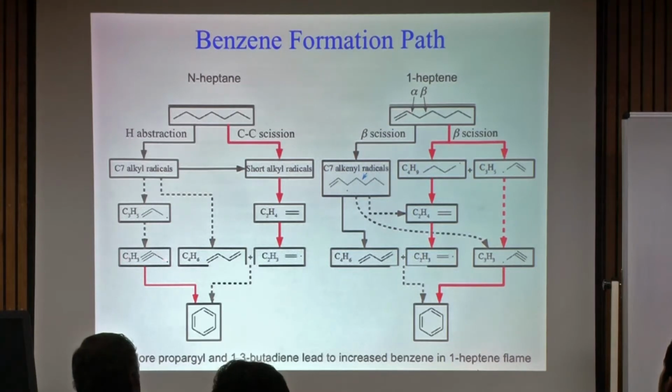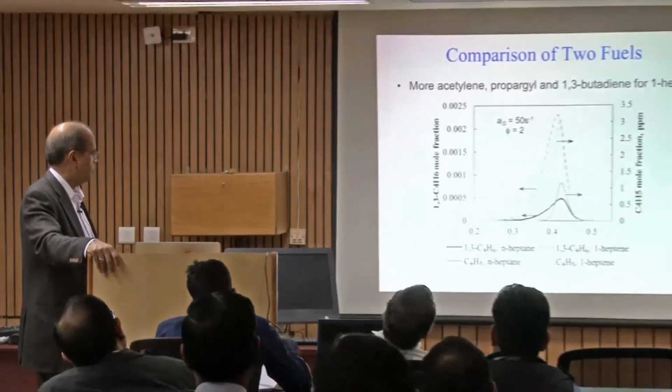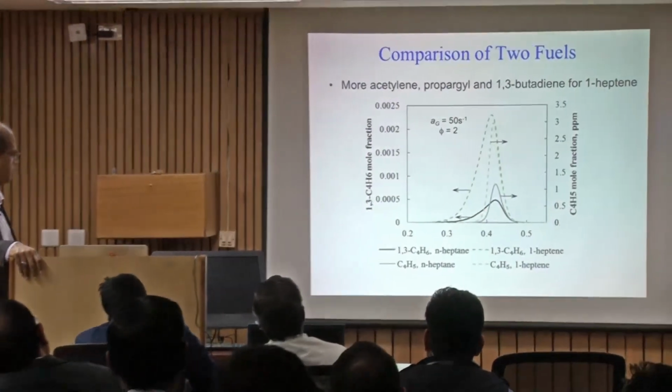So doing this, we can identify which are the paths and what are the major species. It is well known that a lot of benzene comes from C3H3, because C3H3 combines with C3H3 to form C6H6. The other one is 1,3-butadiene. And then we can plot the species, for example this butadiene.